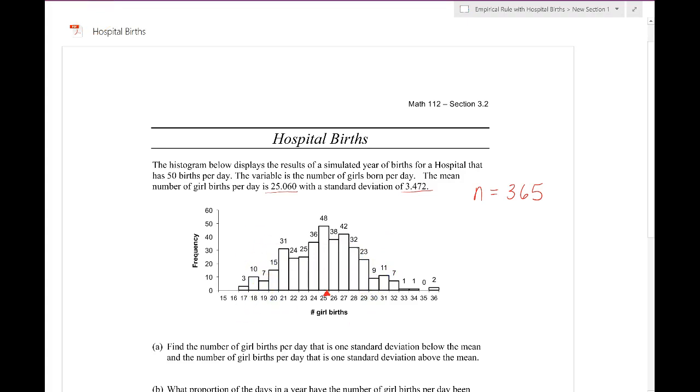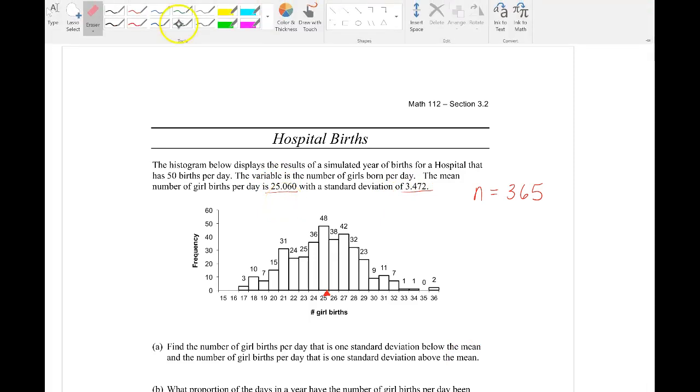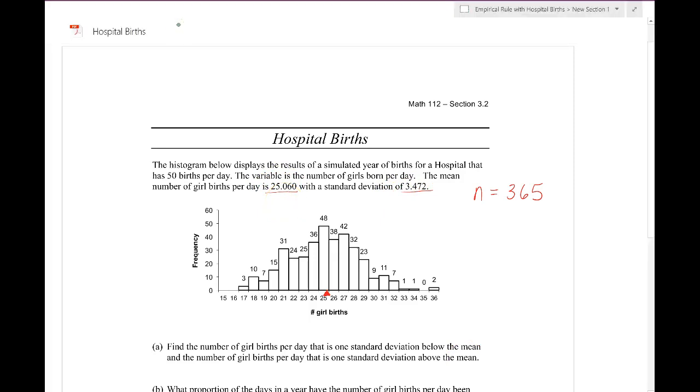So for part A, we want to know how many girl births are 1 standard deviation below the mean and how many are 1 standard deviation above. With the mean being 25.06, we take 25.060 and subtract the 1 standard deviation of 3.472 girl births.